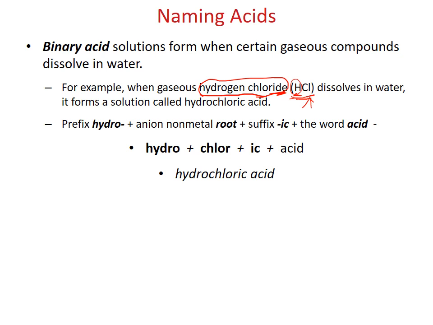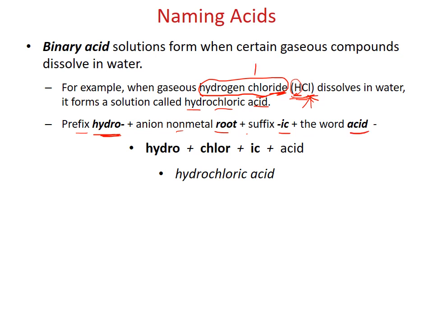For acids, there is a special way to name them, and in this case, it's called hydrochloric acid. So the rule is that you have a prefix hydro, then the anion's non-metal root plus ic, and then add acid.